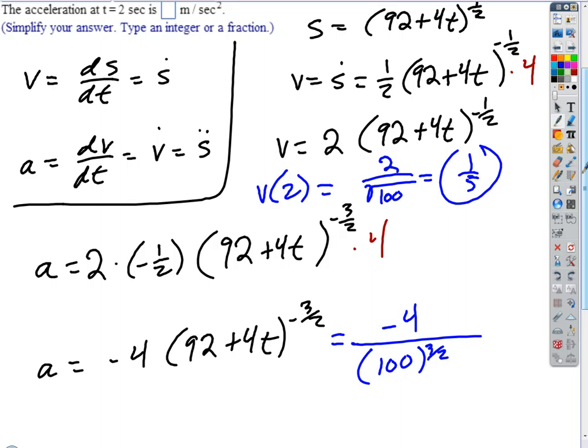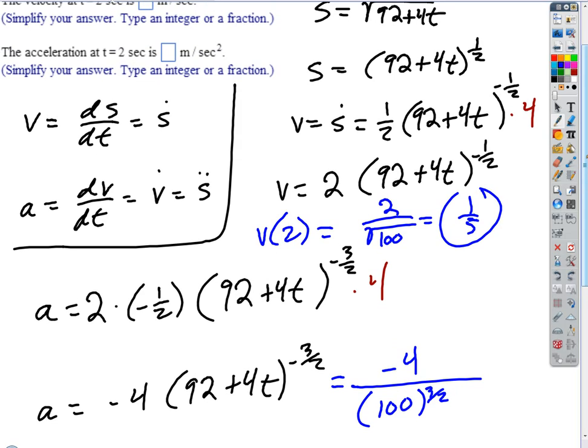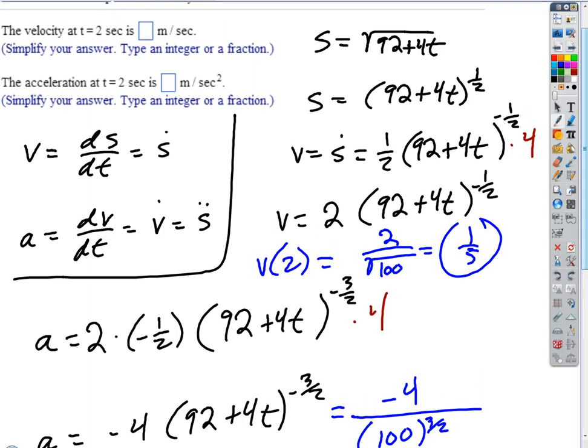So that's what the double dot means, just a second derivative. Does that make sense? Here's the rule: velocity is the derivative of s with respect to t, and acceleration is the derivative of velocity with respect to t. But velocity is already the first derivative of position, which makes acceleration the second derivative. Okay, good.